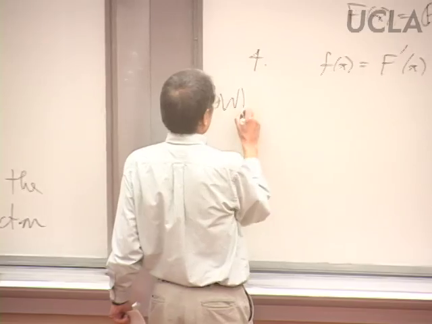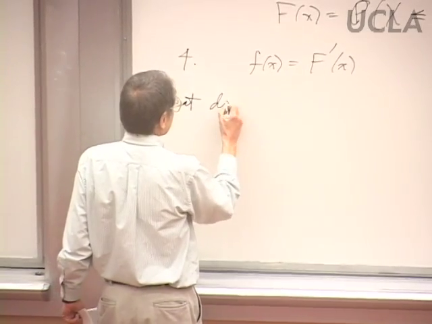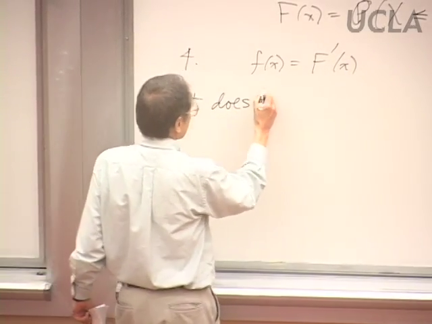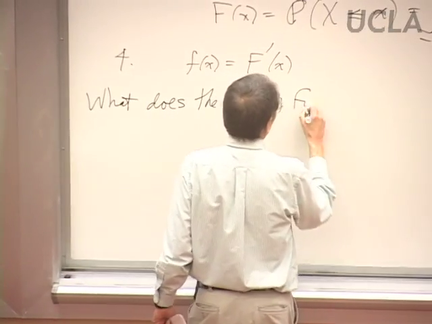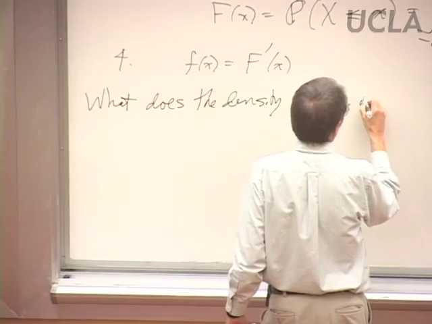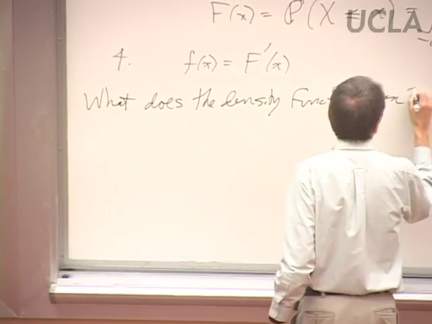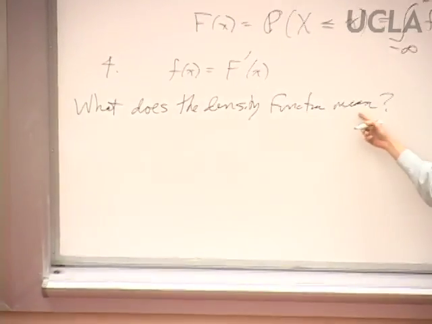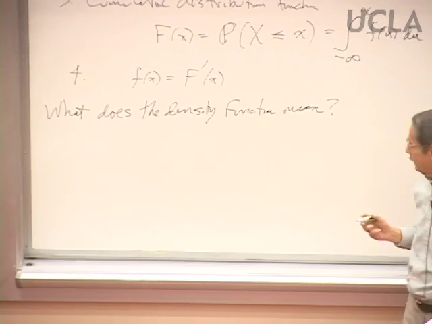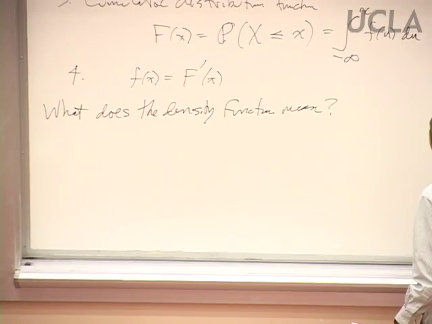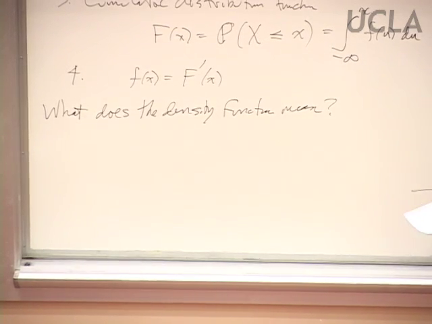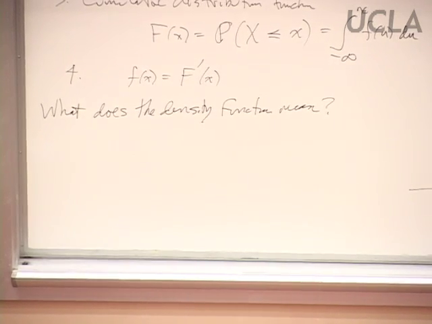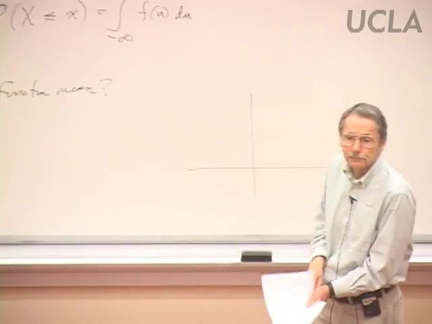Let's try to see what the density function means. Well, it's a little imprecise what we have in mind, but let's draw the picture. Suppose we have a density function whose graph looks like this.